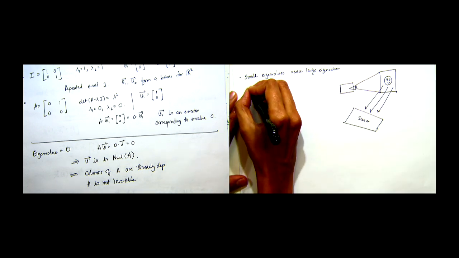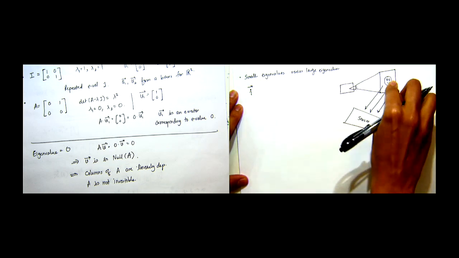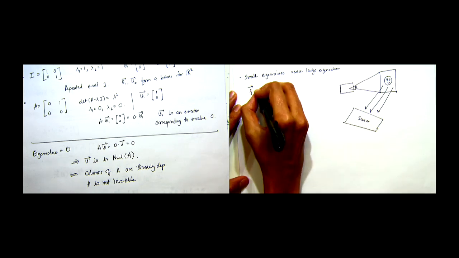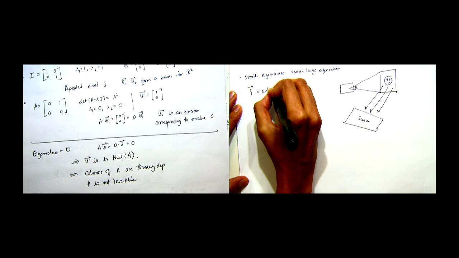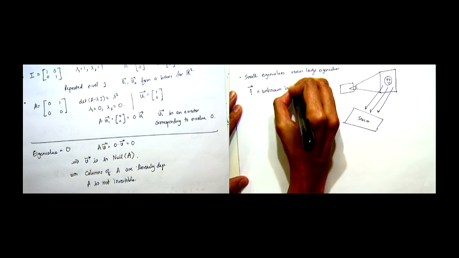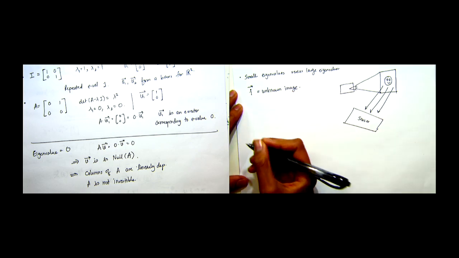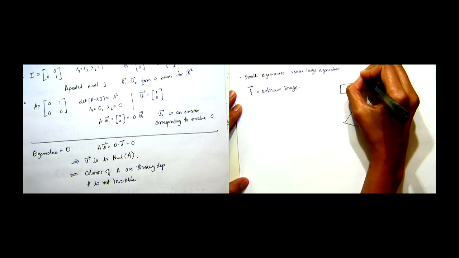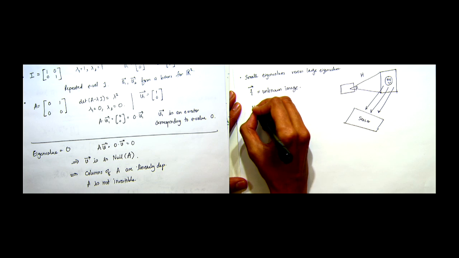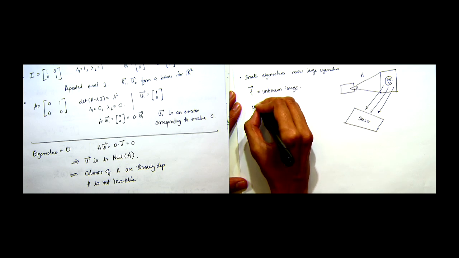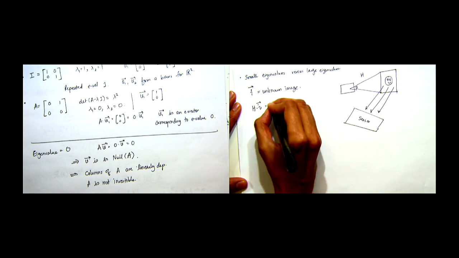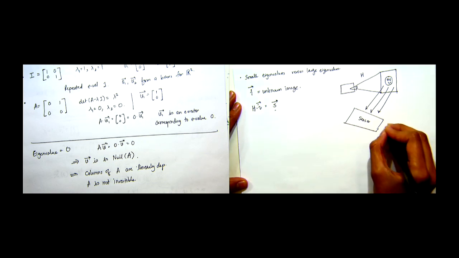Okay. And how did you model this? You vectorized this image. So I is your unknown image. And you modeled this projection as a mask, right? And you said, well, I'm going to take H times I is equal to some S, and this S is what the sensor reads, right?